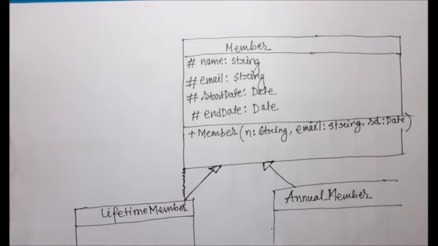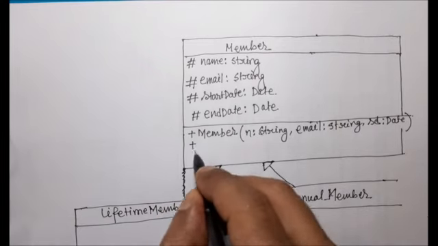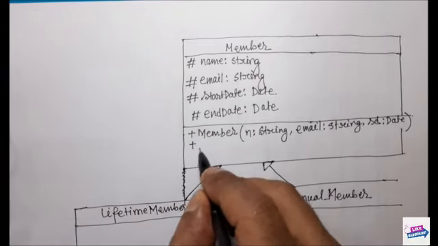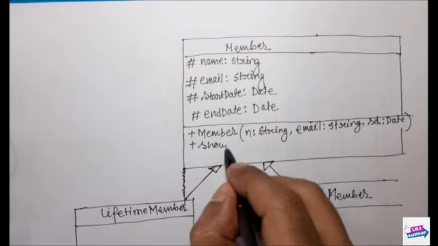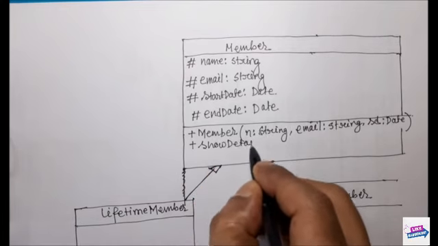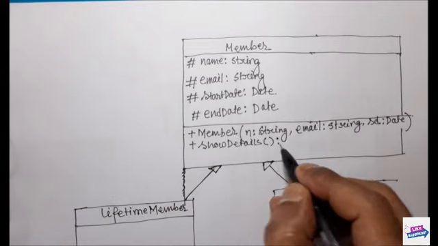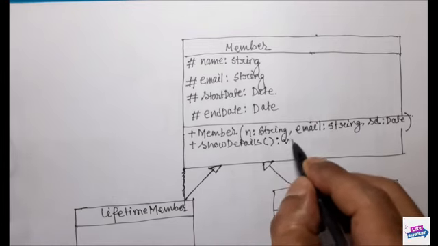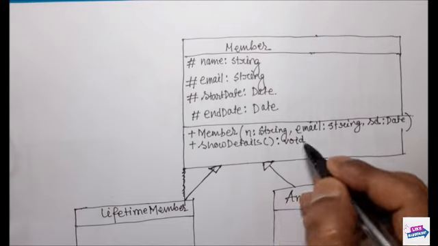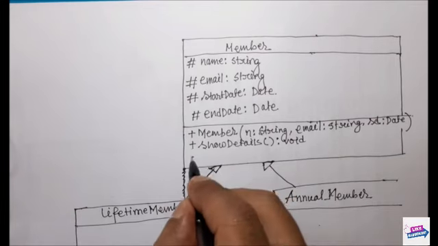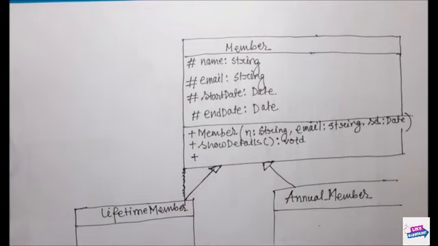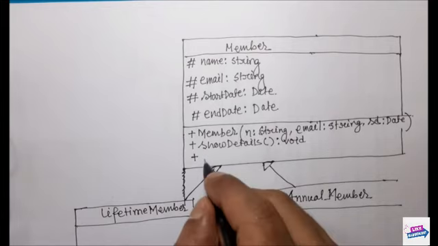In lifetime member, according to our definition, for example we have some methods in my base class, for example show details. Show details is a method, and return type is void. And suppose one of the methods is set duration.